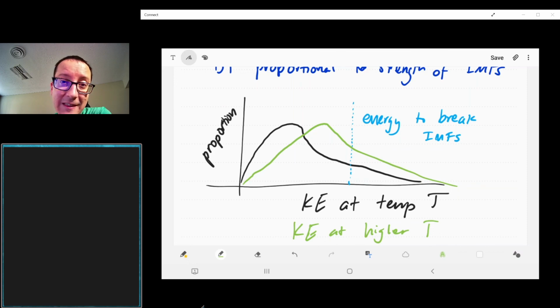And so we're going to be talking about a lot of properties related to this throughout this chapter.